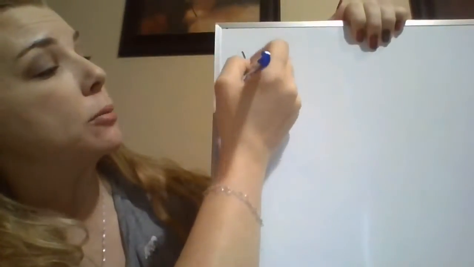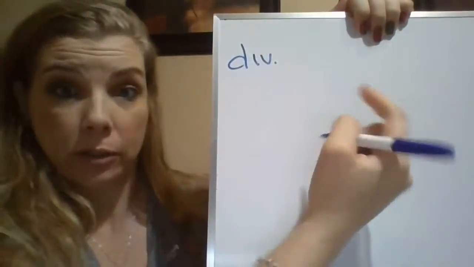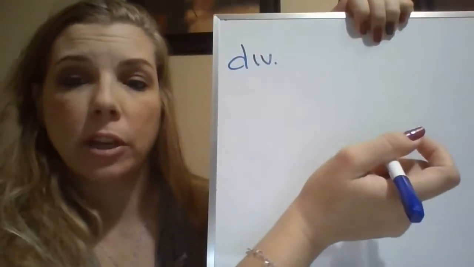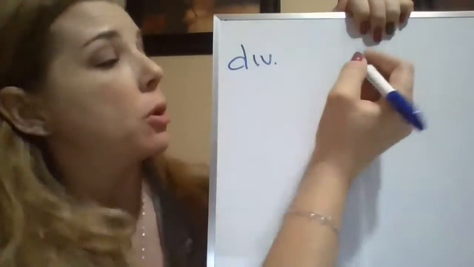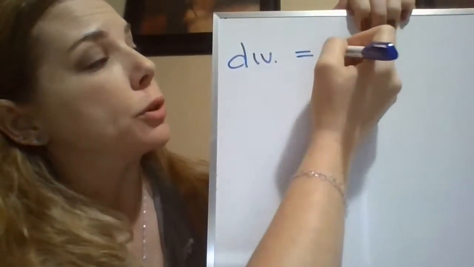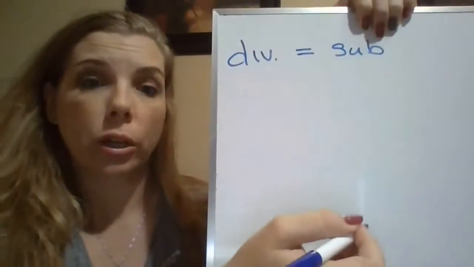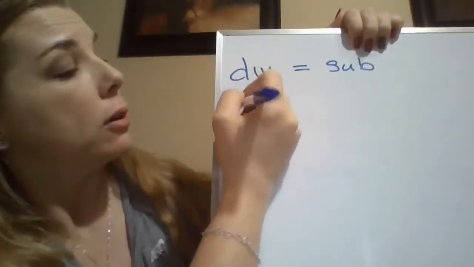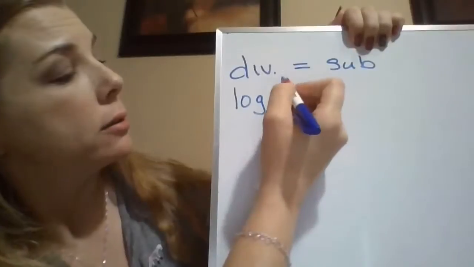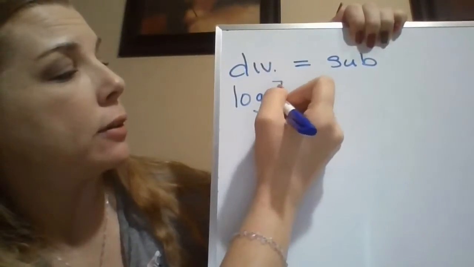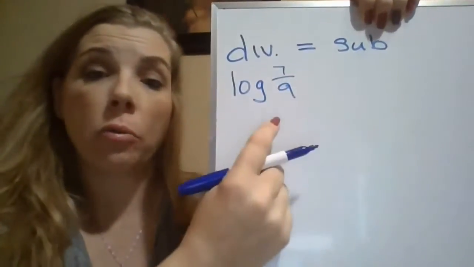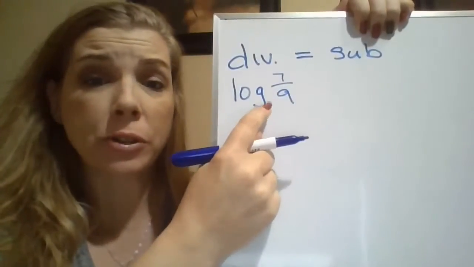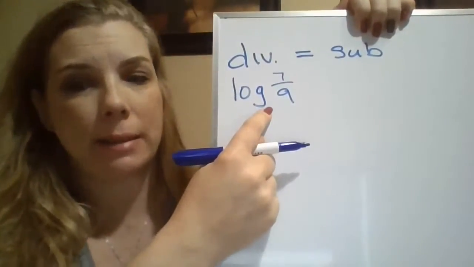When you see a division problem, a division problem really means you're going to be subtracting your logarithms. For example, if you have log 7/9, remember, if there's no base here, that means the base is 10.